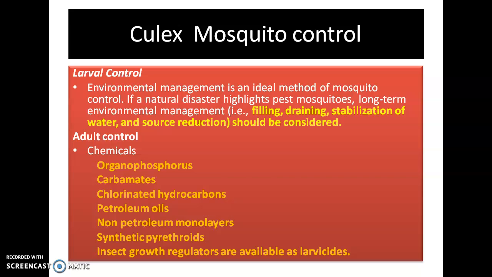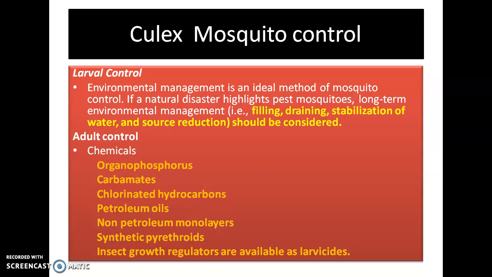So we need to use other methods, such as filling, draining their habitats, stabilization of the water, and source reduction. We need to utilize all these methods for controlling the larvae whenever environmental management is not able to cope with the mosquito control.